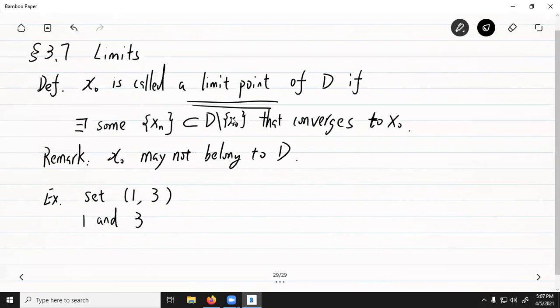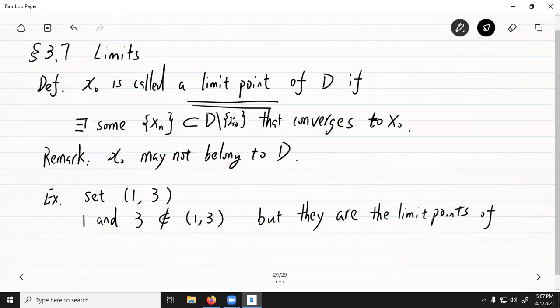But 1 and 3 do not belong to this interval, but they are the limit points of the interval from 1 to 3. They are the limit points.